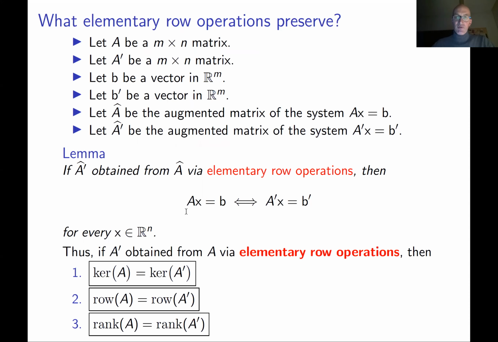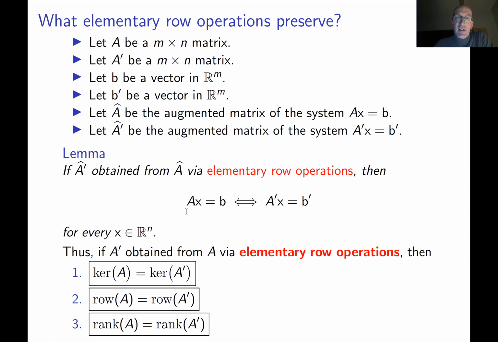In particular, if you apply the same operations only to the A part of the matrix A hat. Remember, the augmented matrix consists of matrix A plus one extra column consisting of vector B, separated by the vertical line. If you obtain augmented matrices from one another using elementary row operations, then of course matrices A and A prime are related by the same elementary row operations.